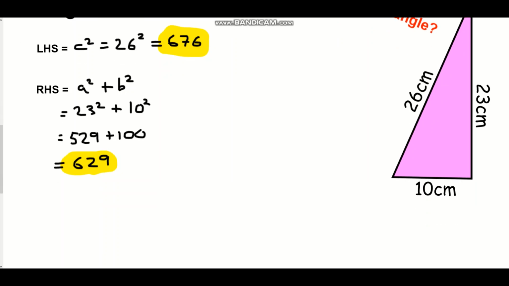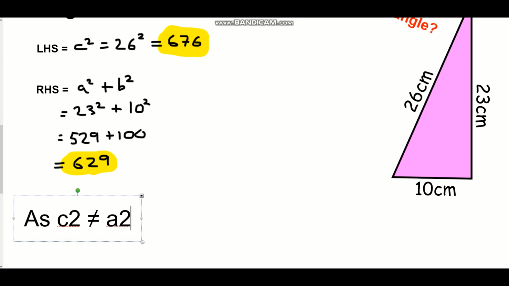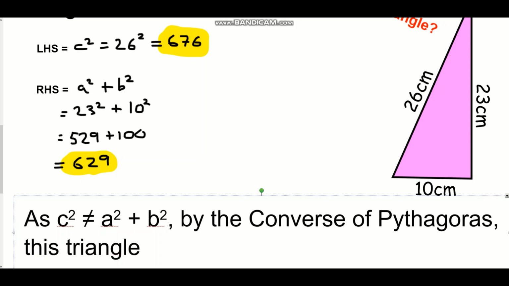So what we need to do here is we say, as c squared is not equal to a squared plus b squared, by the converse of Pythagoras, this triangle is not right angled.